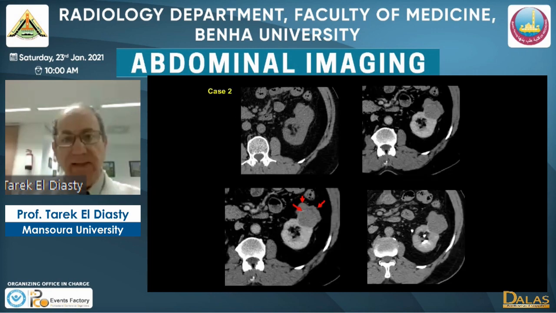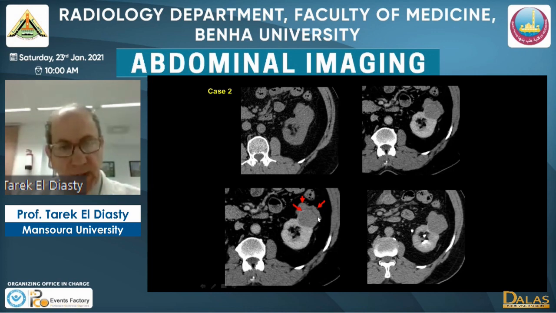Other cases for staging of renal cell carcinoma: to avoid overstaging of renal cell carcinoma as infiltrating the perinephric fat, to diagnose T3A due to infiltration of the perinephric fat, we have to see this irregular extension of the tumor to the perinephric fat, and here the regular line of the renal capsule.